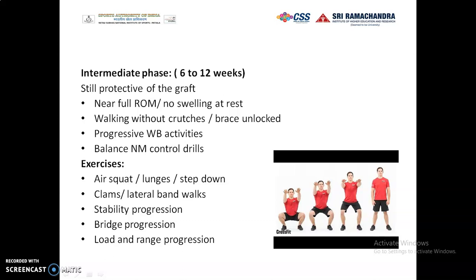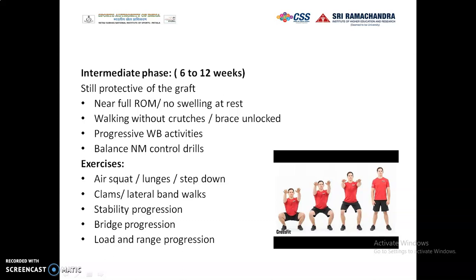Patients progress from non-weight bearing to weight bearing walking and might wean off the brace, and we try to increase progressive loading in weight bearing activities. We also teach balance exercises, coordination, and proprioceptive training, along with neuromuscular control drills.